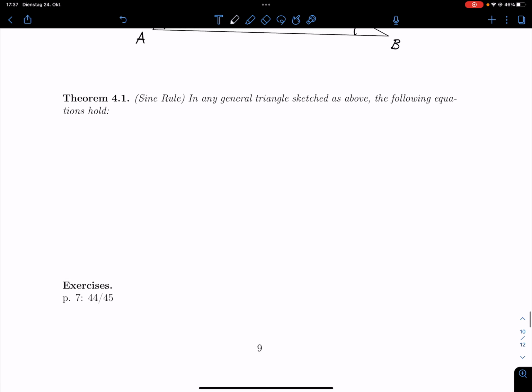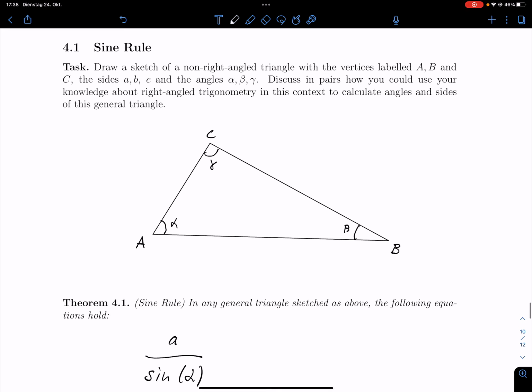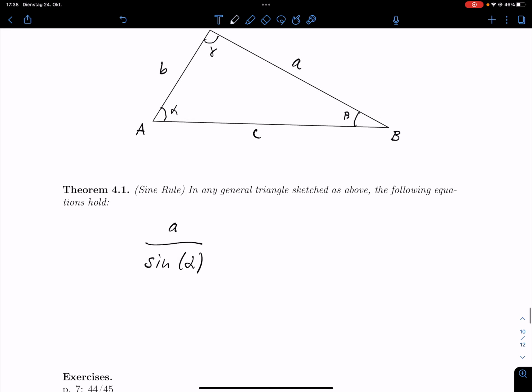The sine rule is just that always the ratio between the side and its opposite angle. So here, if I also draw the sides A, C, and B, A is exactly opposite of alpha, C is opposite of gamma, B is opposite of beta, and those ratios with the sine added are always the same.